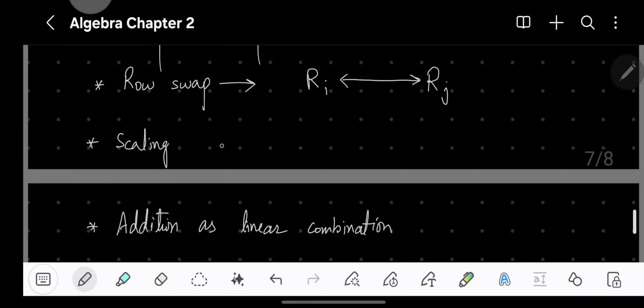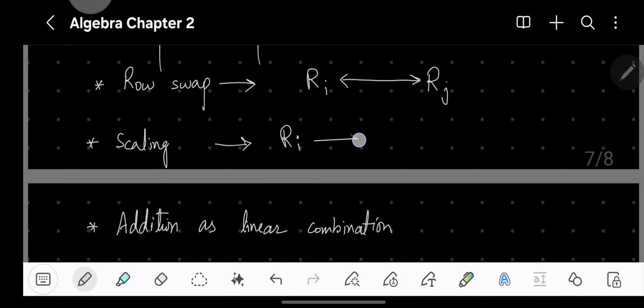What is meant by scaling? By scaling we mean that we can multiply any row by any scalar. For example, if Ri is any row, we can multiply it by any non-zero number.